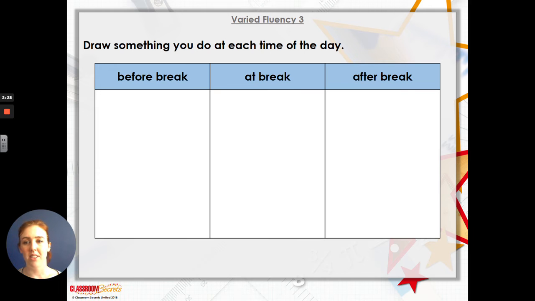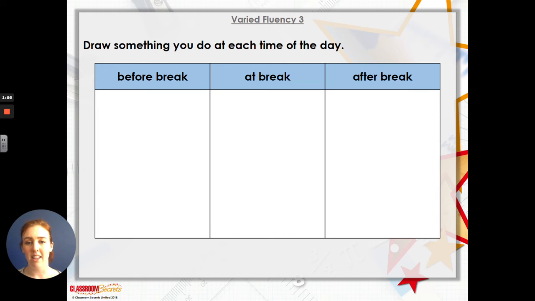Okay, for this activity, we need to draw something that we do at each time of the day. Now, your activity that you're going to do in your sheet has slightly different headings, but this one has before break, at break, and after break. So if I look at the left-hand column, which is before break, if I was to draw a picture in there, I could draw a picture of us all sitting in collective worship, listening to a story, or maybe singing if it's on a Wednesday.